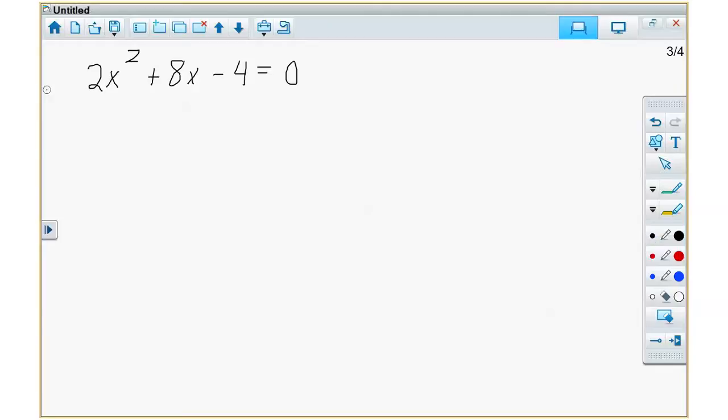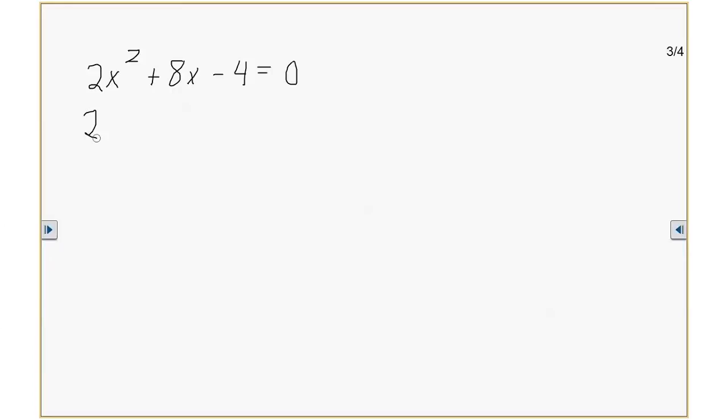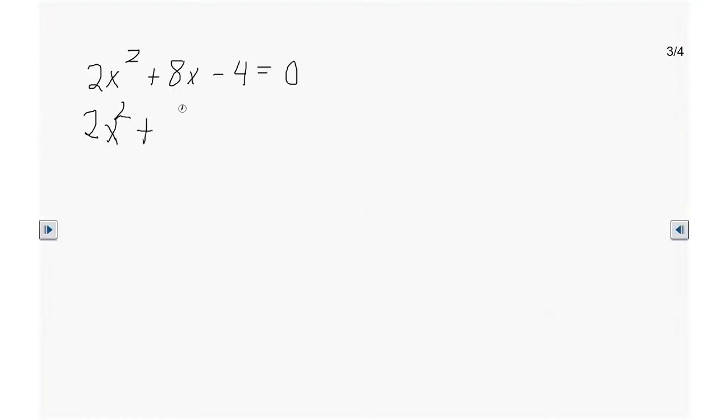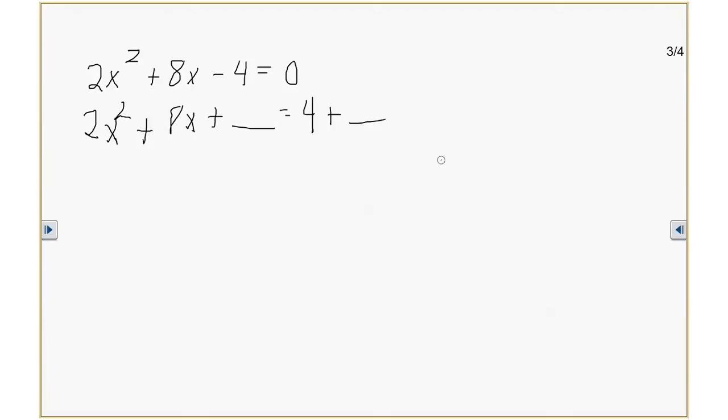completing the square, and I'm not going to change horses in midstream, so I'm going to teach you how to do it this way. So rewrite 2x squared plus 8x plus blank is equal to 4 plus blank. Now, factor out a 2.